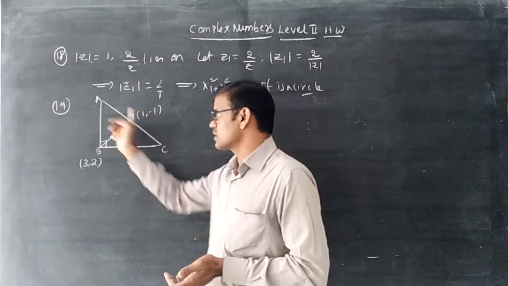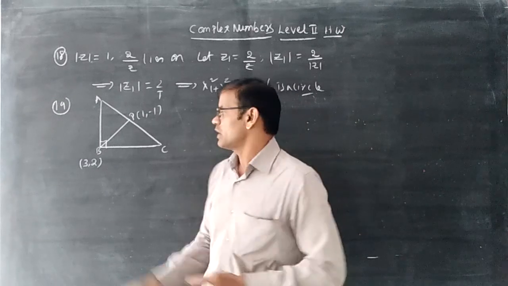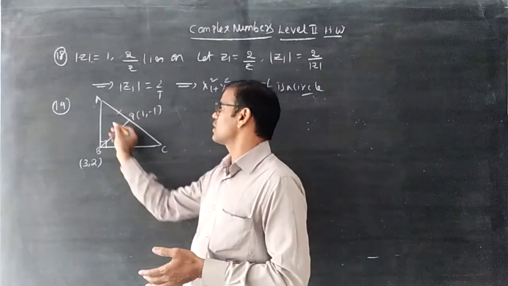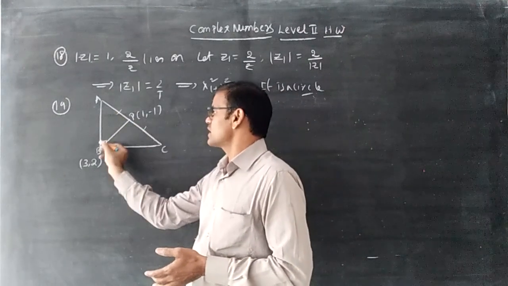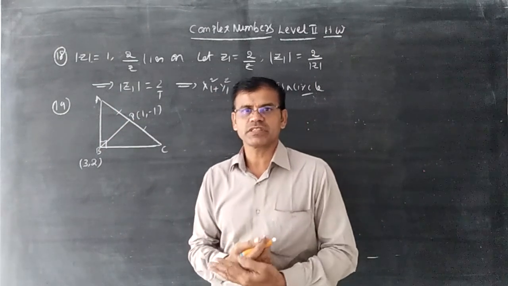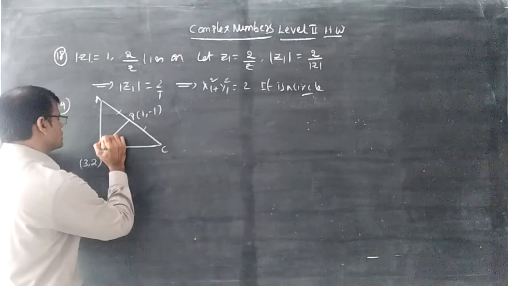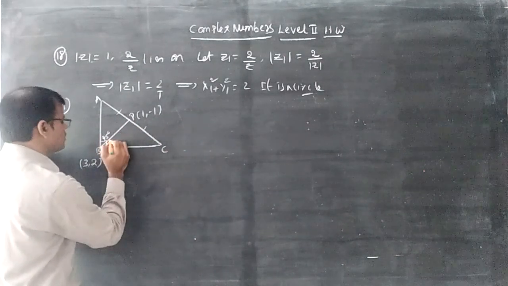Whenever the sides are equal, the opposite angles are equal. Whenever he is mentioning midpoint, this one and this one are equal, the angles opposite to equal sides are equal. We know the property in 7th class itself. So it is 90, 90 is bisecting as 45 into 45.